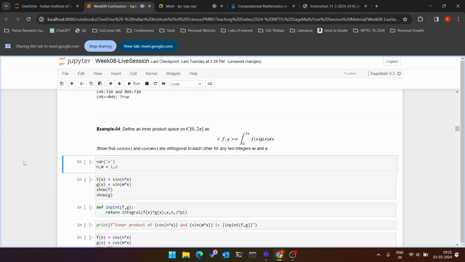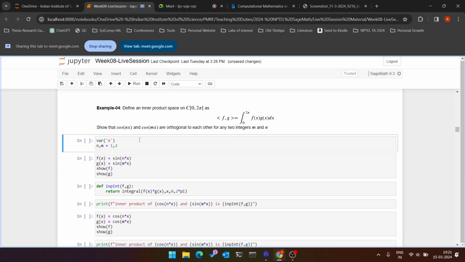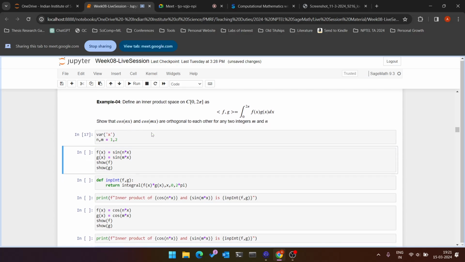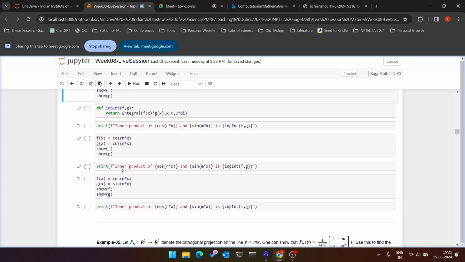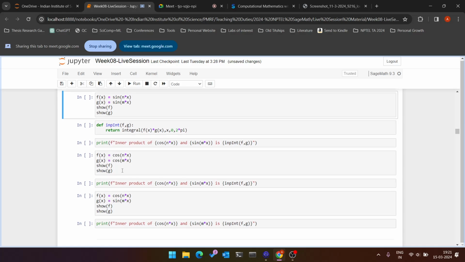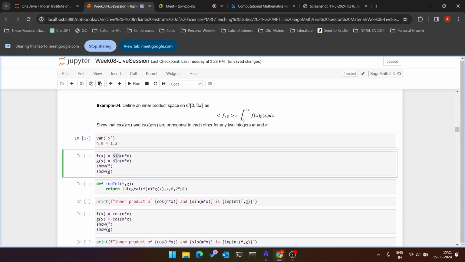As is a good practice, we first specify the variable which is x, and here we have randomly chosen n equal to 1 and m equal to 2. We define f of x and g of x first as sine of nx and sine of mx.